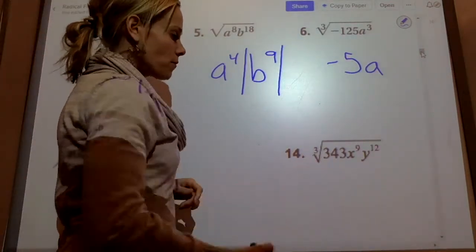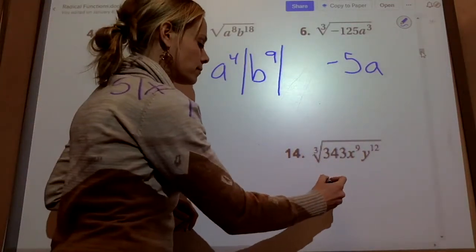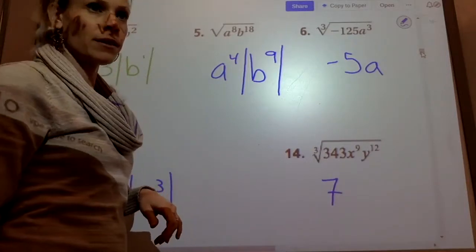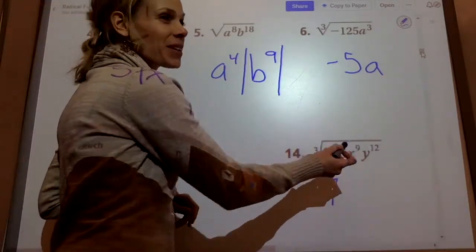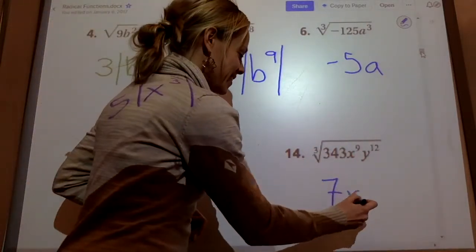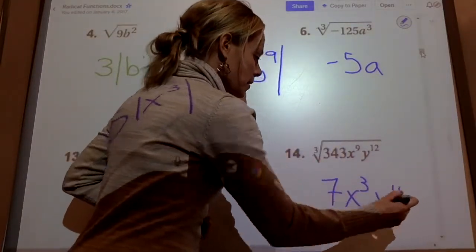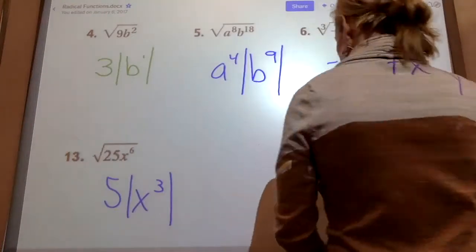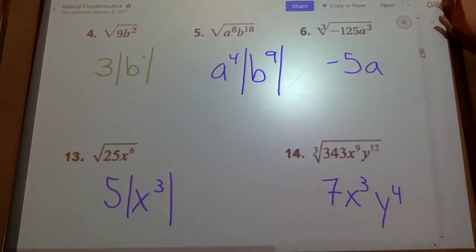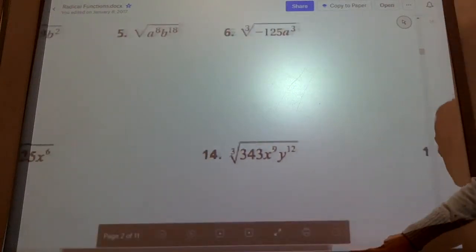What's the cube root of 343? 7, good. How many groups of 3 go into 9? 3. How many groups of 3 go into 12? 4. It's an odd index, so I don't have to worry about absolute value. Good. One more.